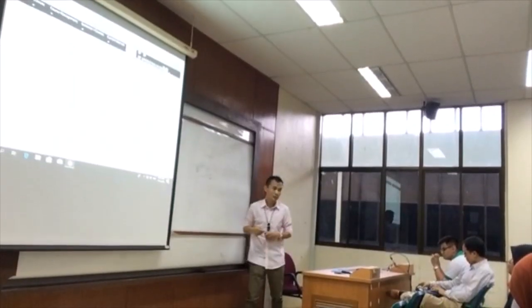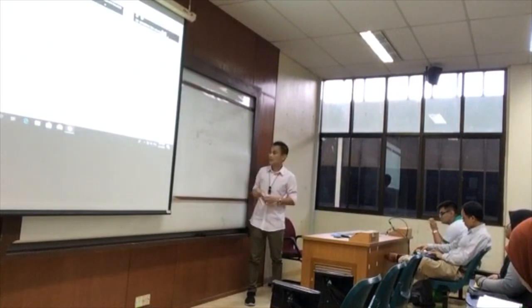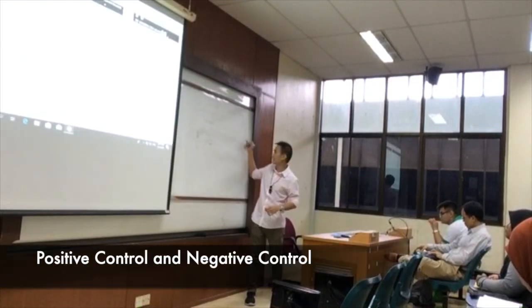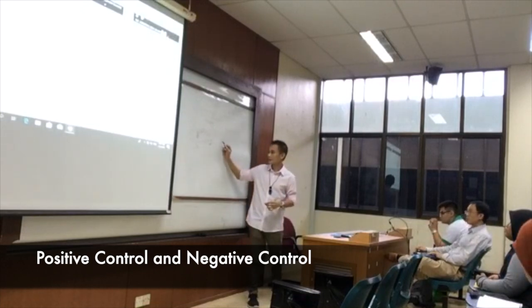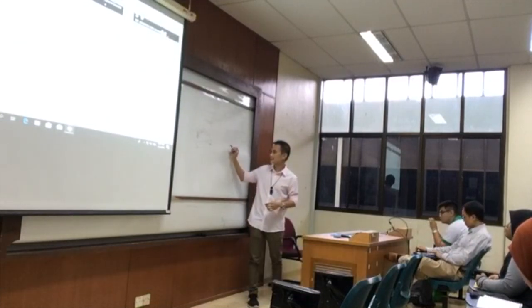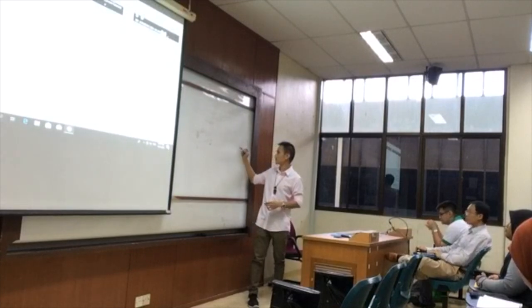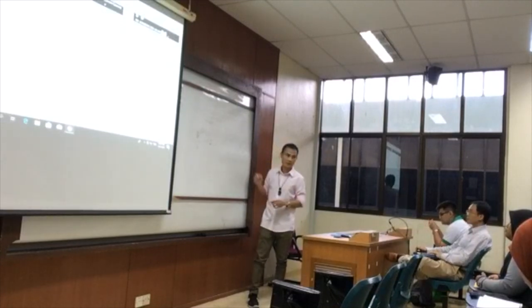In order to do that, you also normally do controls. We have a positive control and a negative control. The positive control will have 16S and the toxin gene, and the negative control will still have 16S and nothing here.